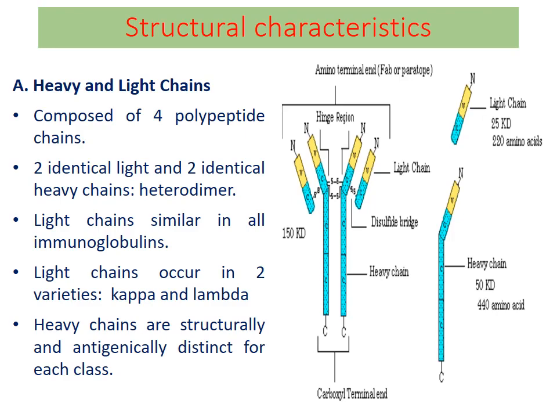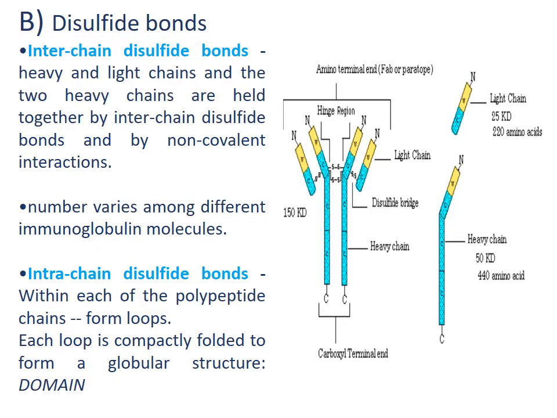Now, there are intrachain and interchain disulfide bonds. We have already seen that. The number of interchain disulfide bonds varies among different immunoglobulin molecules, and these chains also bind with the help of non-covalent interaction. Intrachain means within a single chain.